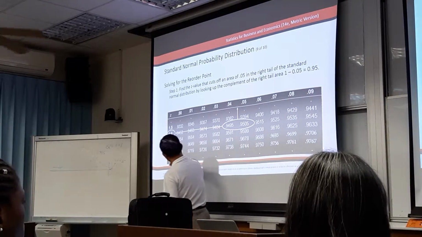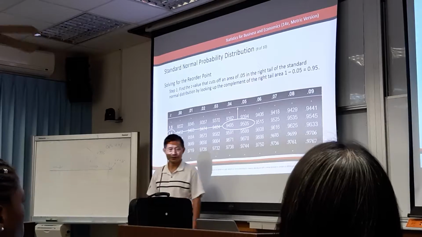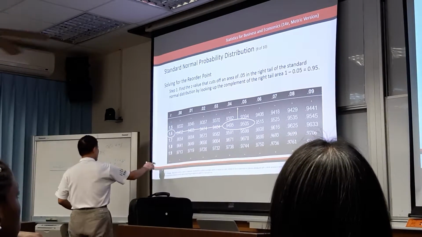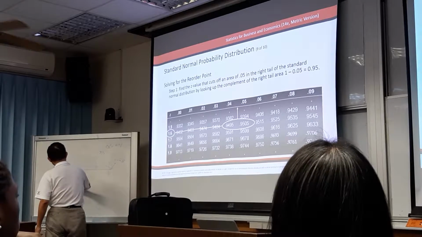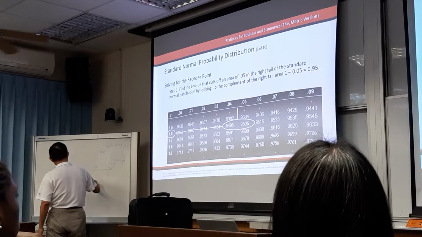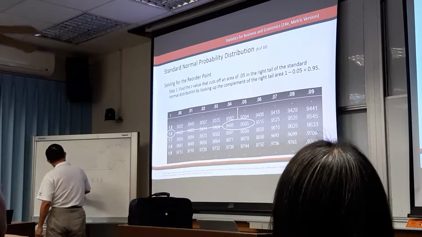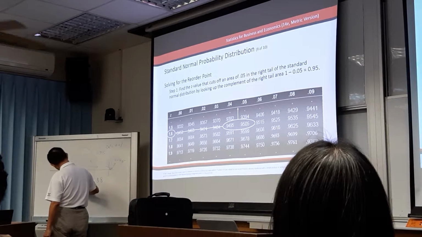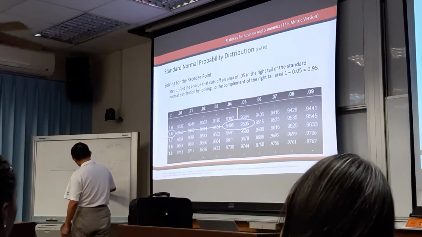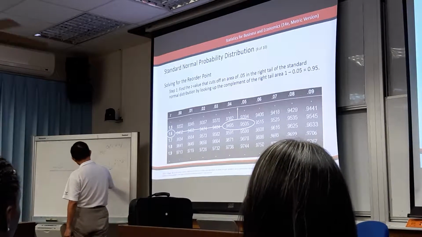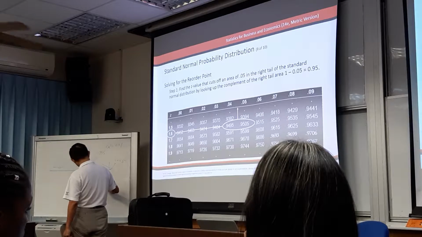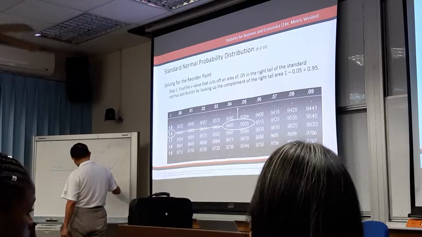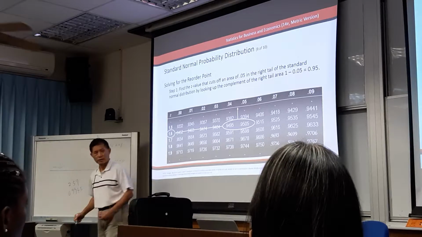Look at the value, it should be 2.57. And this is 0.9945, and this z value's probability is 0.99.